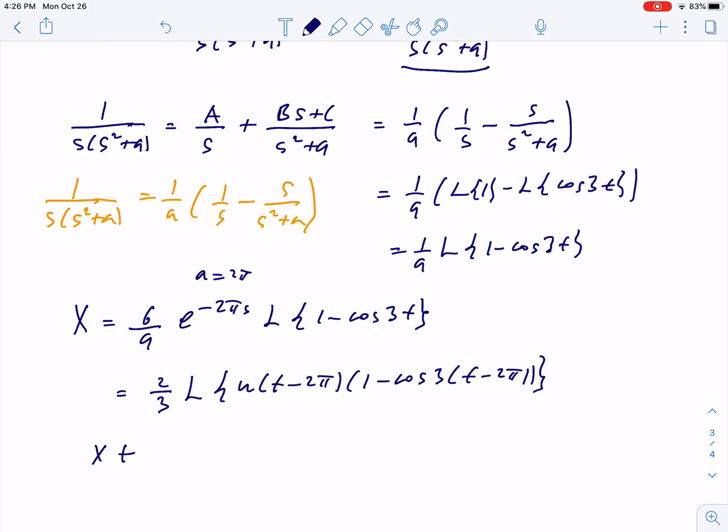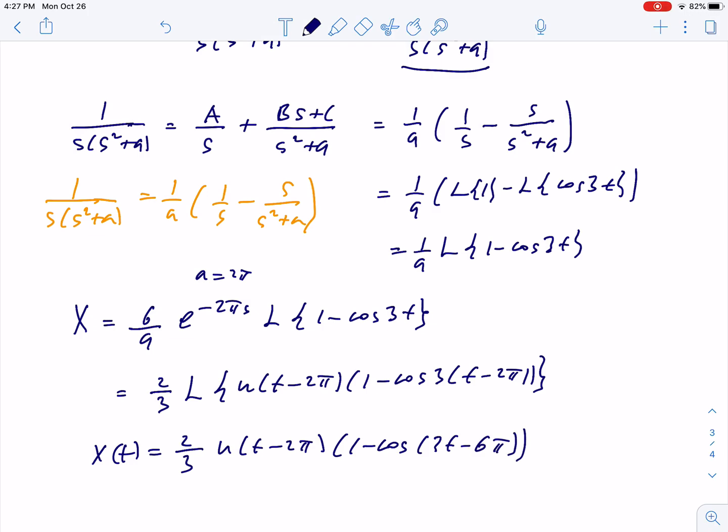x(t) will be 2/3, this coefficient carries over, and from inside we read u(t minus 2 pi) times 1 minus cosine, let's multiply, 3t minus 6 pi.